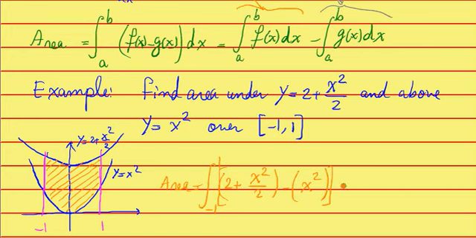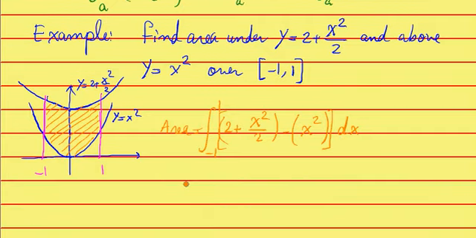This is the integrand, and here's my differential dx representing the thickness of the panels we are constructing. Well, all that is left to do is just to calculate the integral. Let's write -1 to 1. This is 2 plus x squared minus x squared. I get minus x squared over 2 dx.